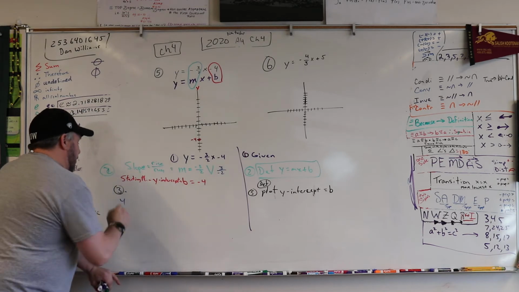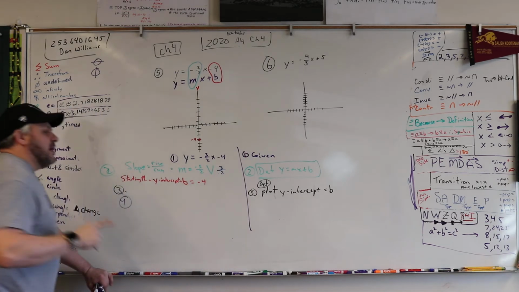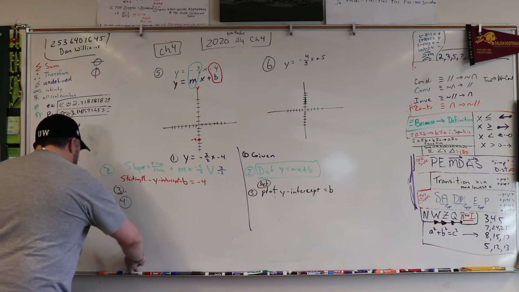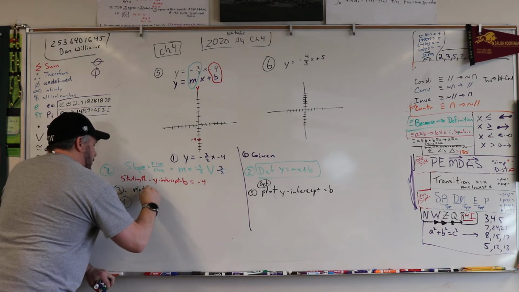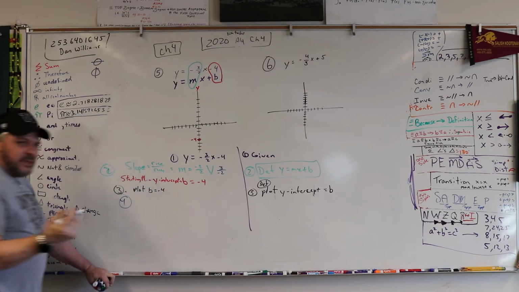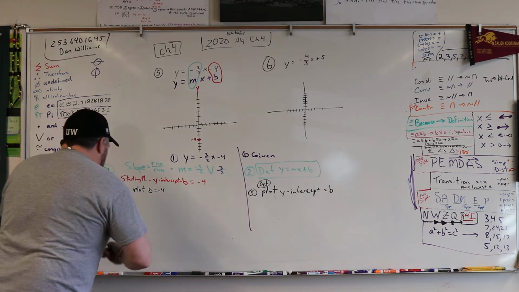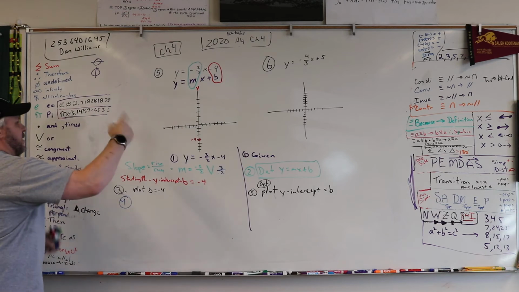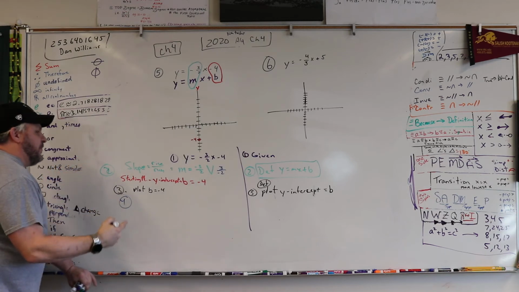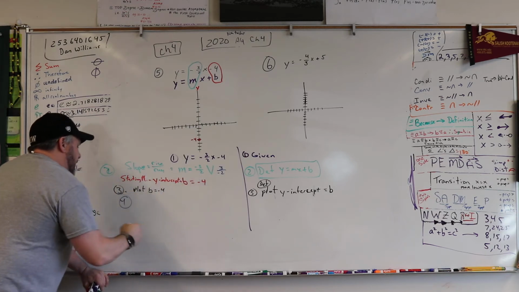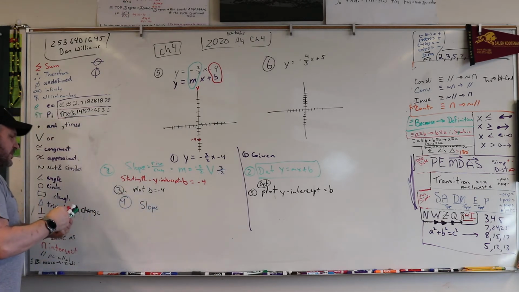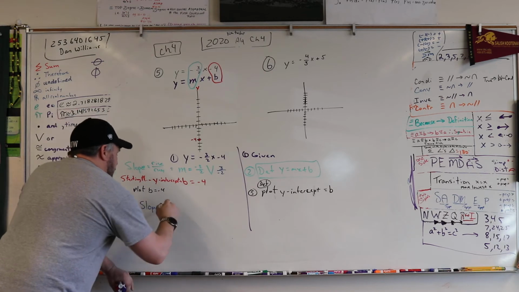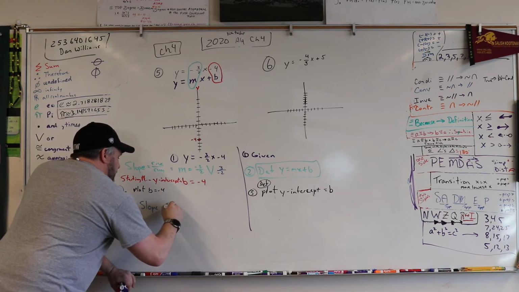Step 4, right? So step 3 was simple. It was just plot b equals -4, right? And then step 4 is when we're going to do the slope. And the slope is really important. So we're going to talk about slope. We're going to talk about rise, run, right?